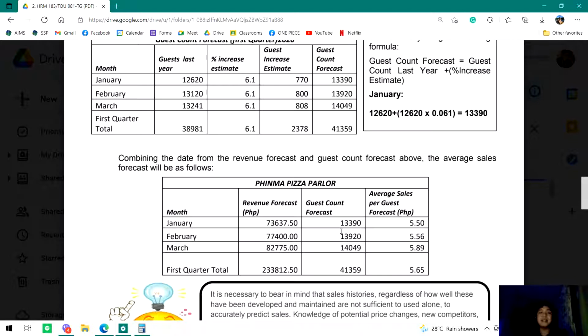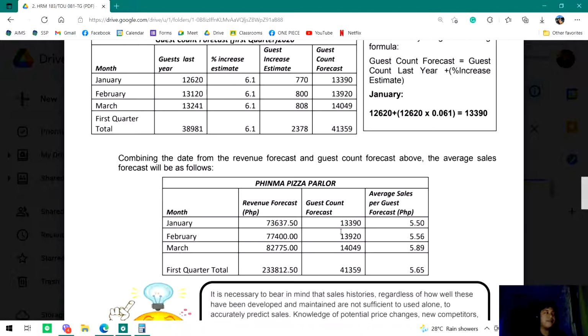Now, with that being said, ngayon na meron ka na ng revenue forecast at meron ka na ring guest count forecast, ibig sabihin, pwede ka na rin mag-forecast ngayon ng average check mo. Kasi nga, di ba, ang kailangan lang naman natin to compute average check is sales over guests or total number of guests.